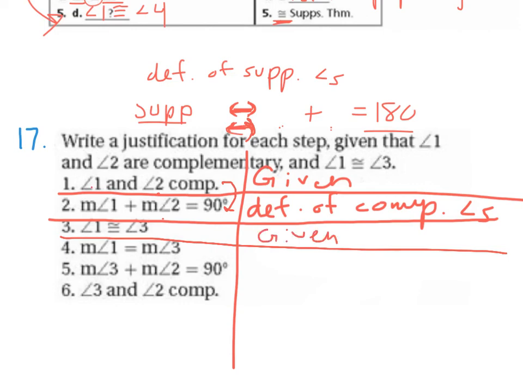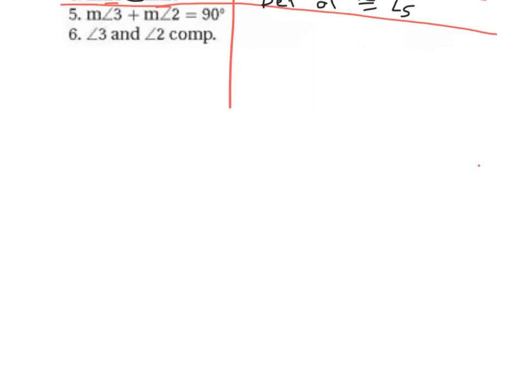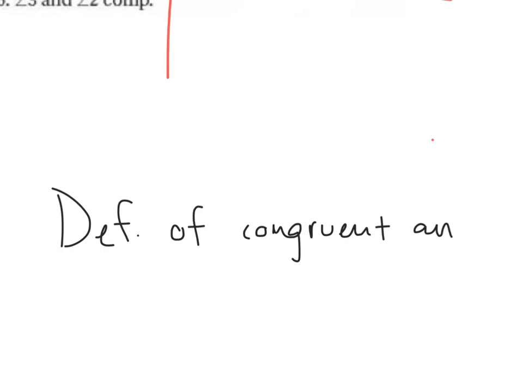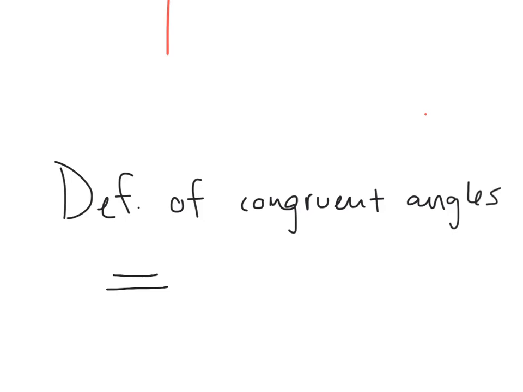And now we have the same thing, angle 1 and angle 3, but now it says that they're equal. So in order to go from them being congruent to them being equal, we know that this is the definition of congruent angles. The definition of congruent angles states that if two angles are congruent, then we can say that they're equal.